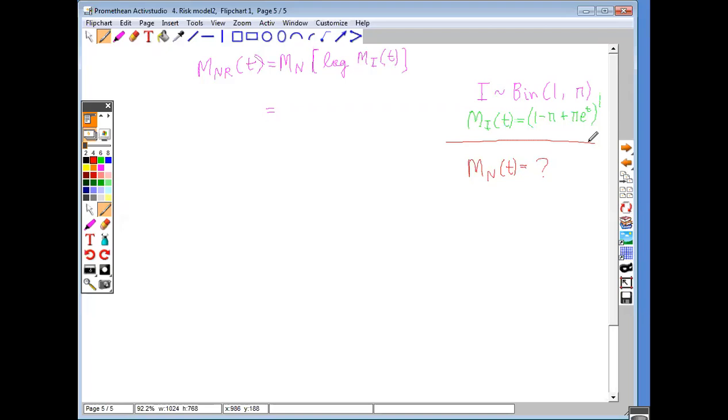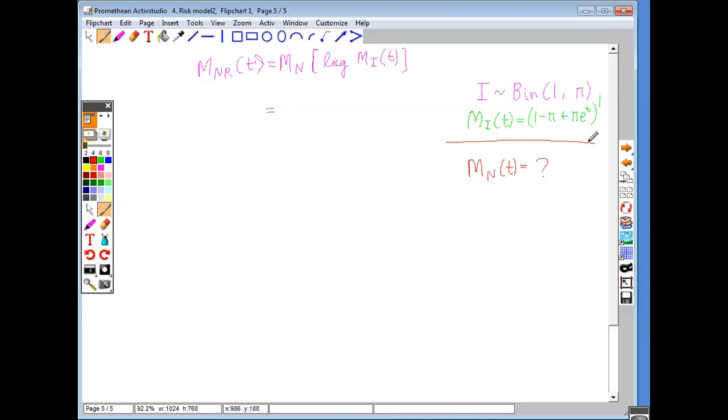So what is my M_N(t) here? Do you guys have your table booklets with you? e raised to lambda into (e raised to t minus 1). Exactly. And who was that speaking? Savri. Very good. Thank you very much.